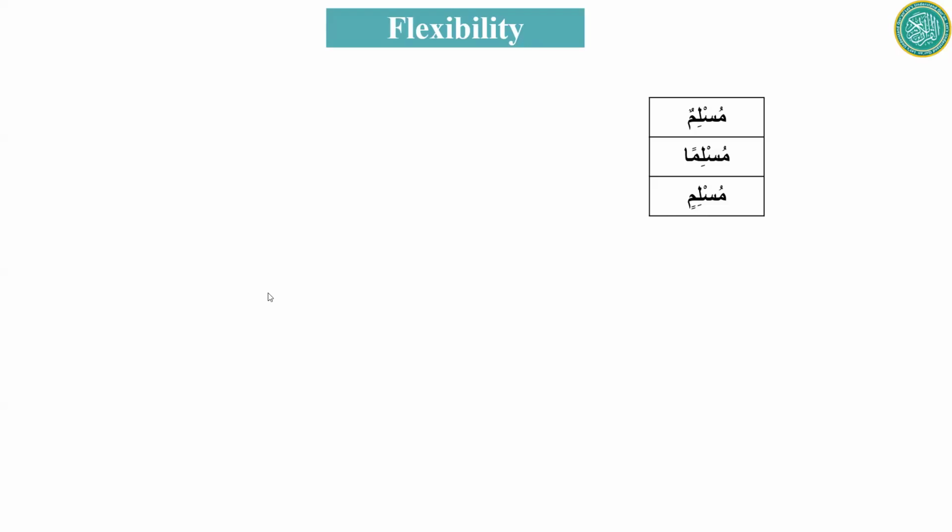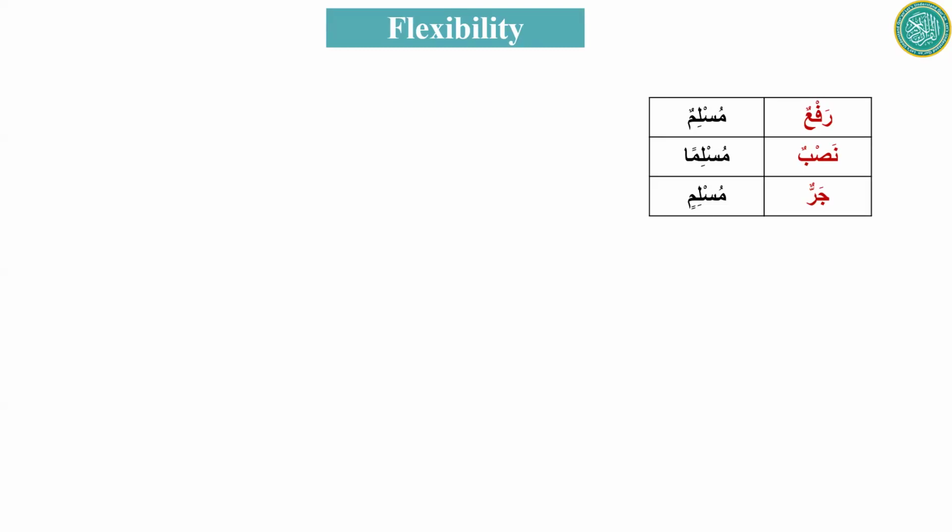The first row is rafa, the second row is nasab, and the third row is jar. So there is no issue identifying these words, and that is why we call them what? With respect to flexibility, what do we call them? Fully flexible.